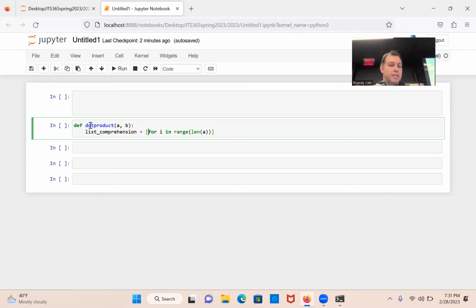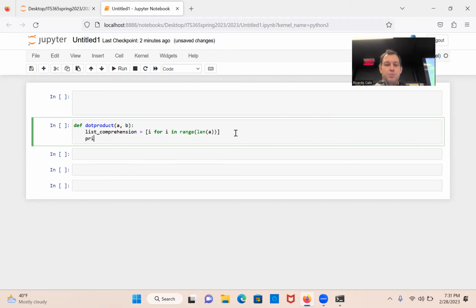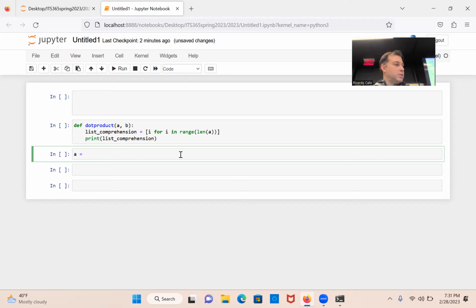So when we do something like this, then we could just say i, right? So that's a list comprehension. You see that? And then I'm going to print the list comprehension. Over here, I need my vectors, right? A and B. So let's stick with the example of Satoshi.